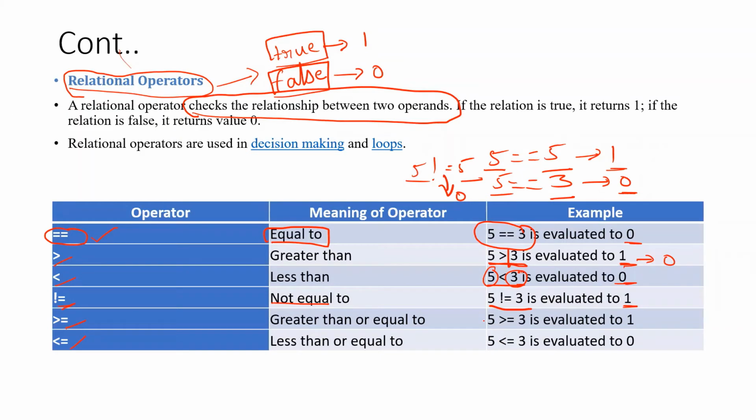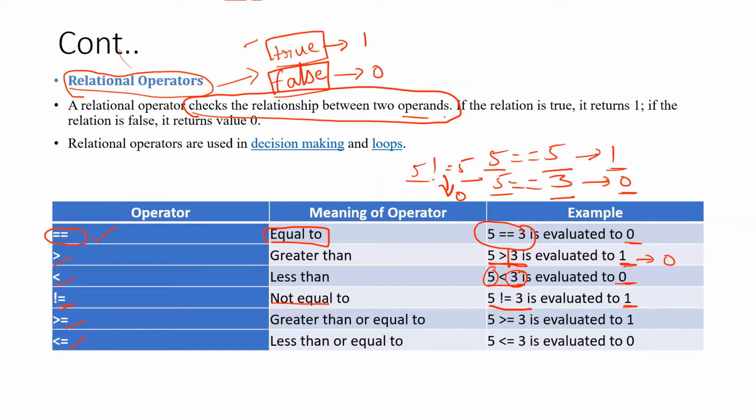So where are we supposed to use these relational operators? If you want to compare two operands, it may be variables or it may be values. So that's why we are saying operands. If you want to compare two operands, in that situation, we can go with the relational operator. So what is meant by operand? An operand is nothing but a value or variable.